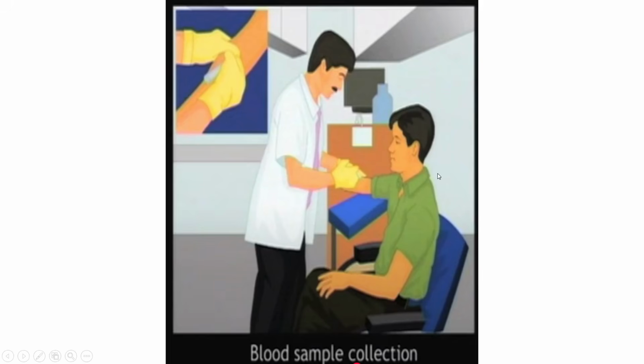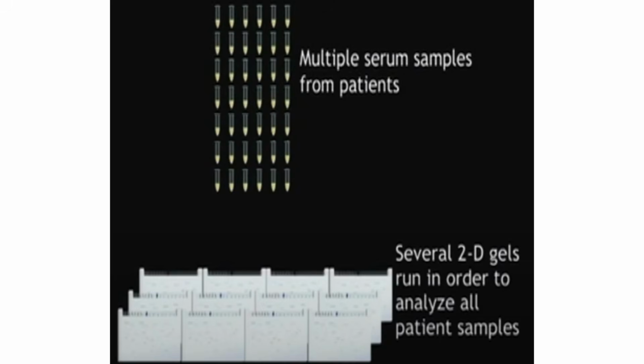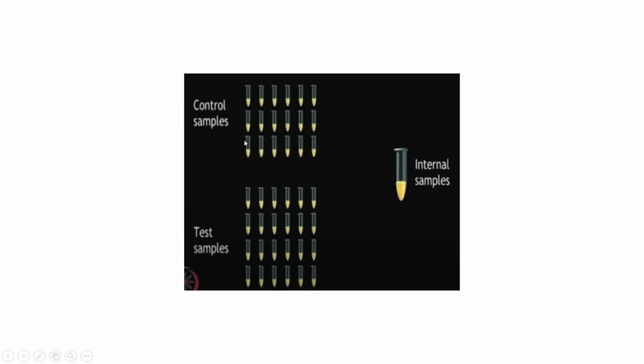So this is just the overall procedure. You will collect the samples. When we perform 2D gel electrophoresis, you need to run multiple gels for multiple samples. Whereas when you are doing the DIGE technique, you can pool them. Basically, you can take one control, one test, pool them together, have an internal standard, and run.